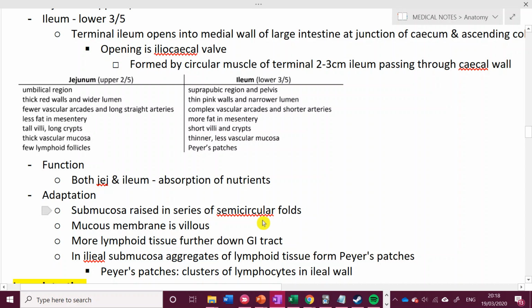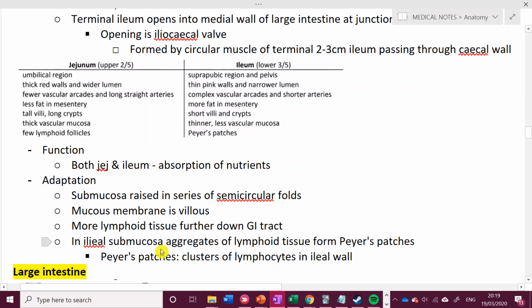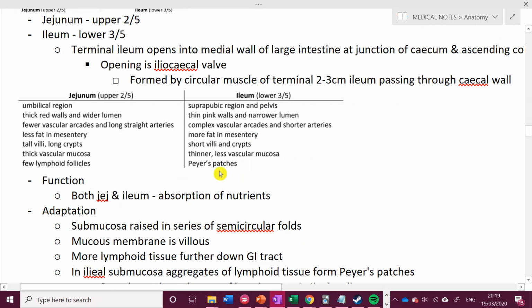Most of these adaptations are to increase the surface area, so villi in the mucous membrane, and there's more lymphoid tissue further down the GI tract as well. In the ileal submucosa, there are aggregates of lymphoid tissue, which form Peyer's patches. These are just clusters of lymphocytes in the ileal wall.